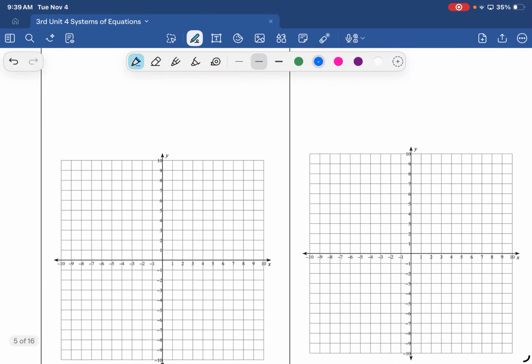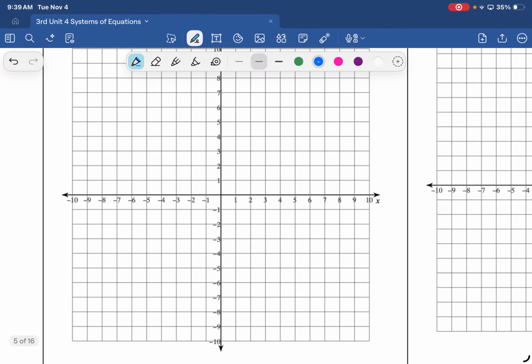Negative 8. So I'm going to go to the graph. I'm going to find my y-intercept. Then I'm going to use my slope and go up 1 over 1. How many points do I have to put to make a line? 2. The more points you put, the more accurate your line is.